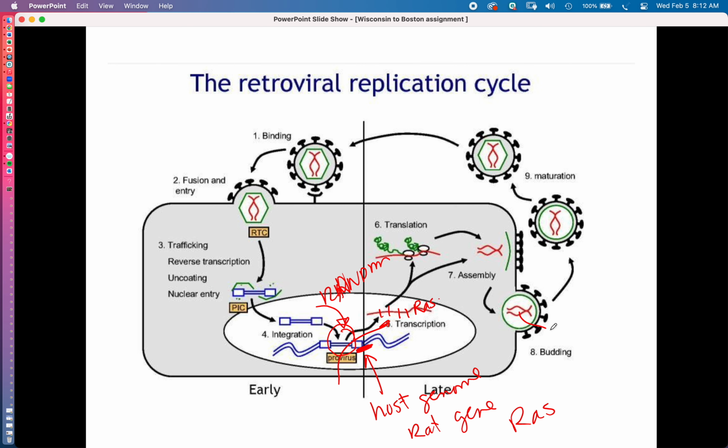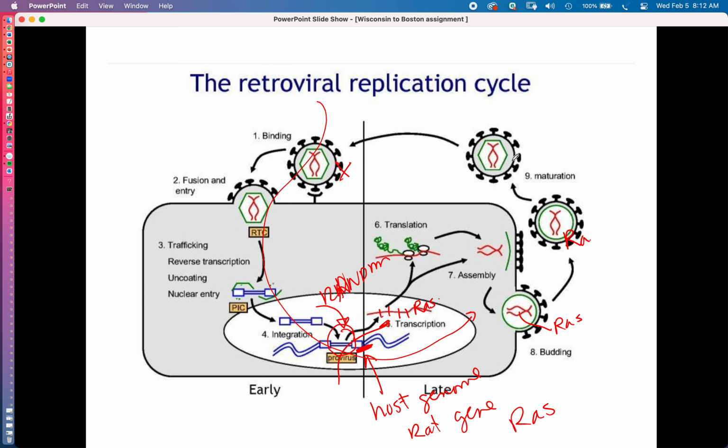So now this has RAS. This did not. This is the cycle of one animal infection where the mutated oncogenic retrovirus was created. It was created by having it accidentally insert near RAS and then include RAS in the retroviral genome.